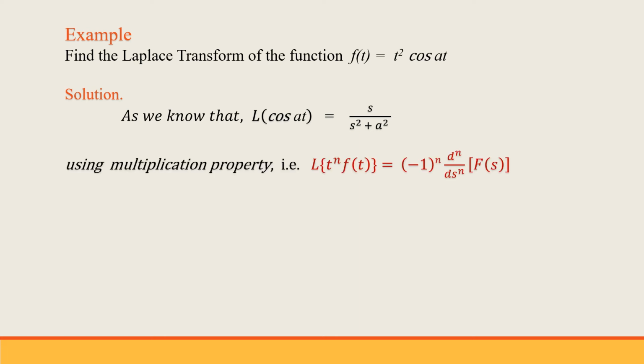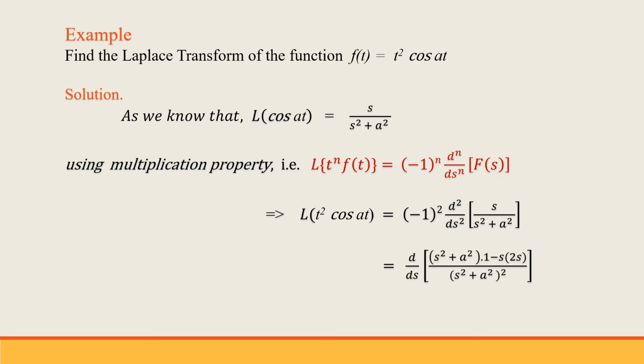So by just applying the multiplication property, we can write Laplace transform of t square cos at as minus 1 square d square by ds square of s by s square plus a square. On differentiating twice, we get the result as 2s into (s square minus 3a square) by (s square plus a square) whole cube. So the Laplace transform of t square cos at we can find like this.